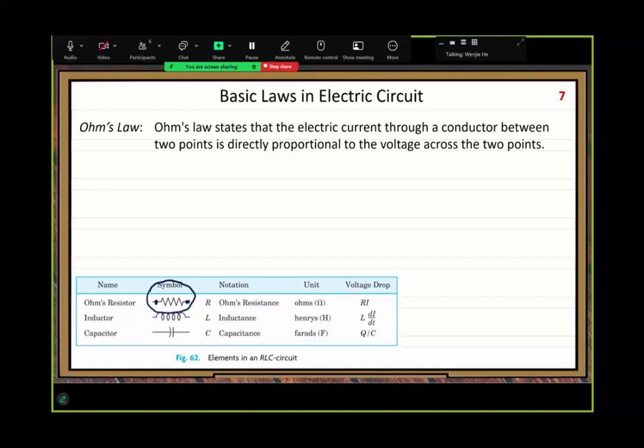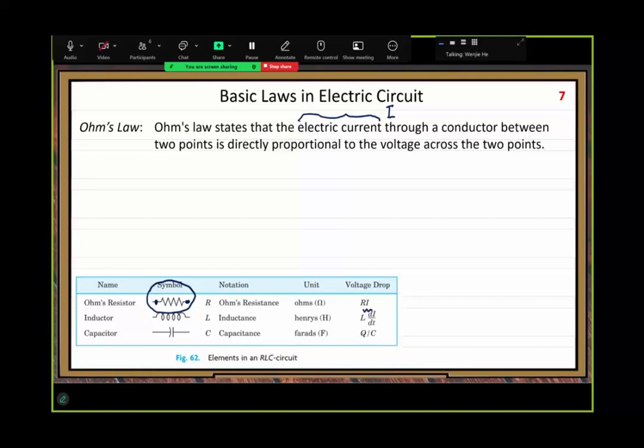These 2 points are around this conductor. So there is some resistor. Ohm's law states that the electric current, for current we use I, represents current.